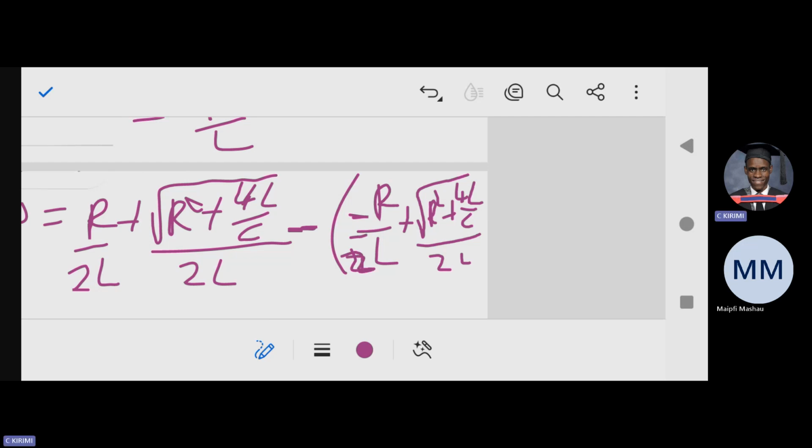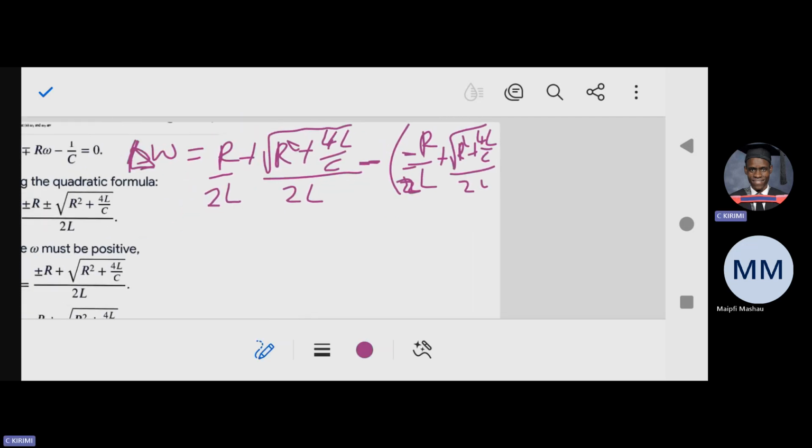So negative, negative. Now we want to solve. We are going to get that change in W. We have this R over 2L. So negative times this negative gives you a positive, which is R over 2L. This is a positive, and this is a negative.